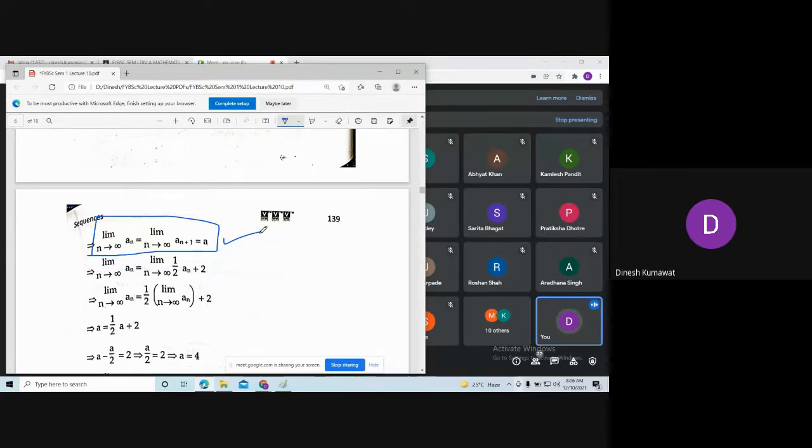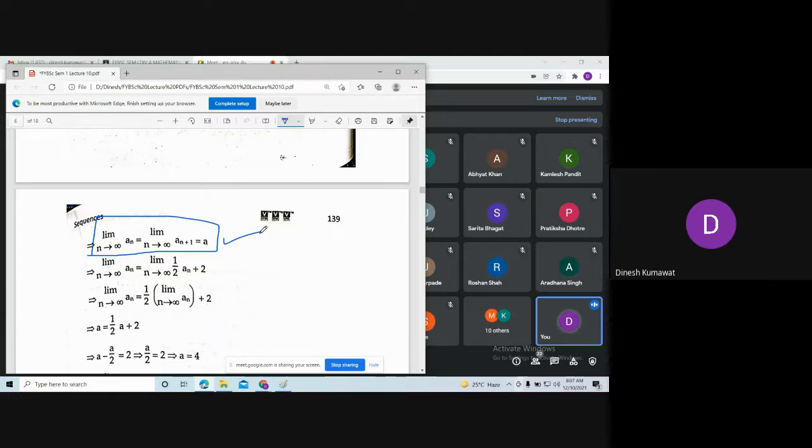If you remember, we have proved one theorem: the limit of every sequence is, whenever the limit exists, unique.